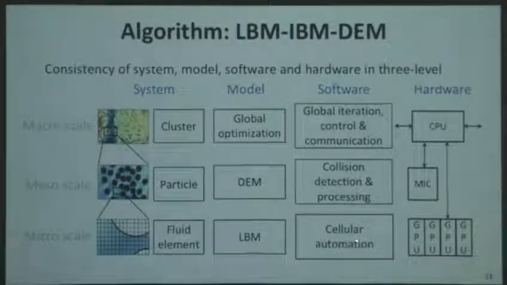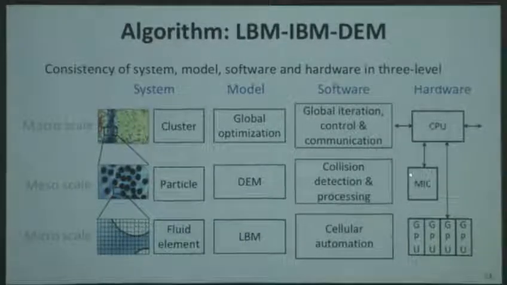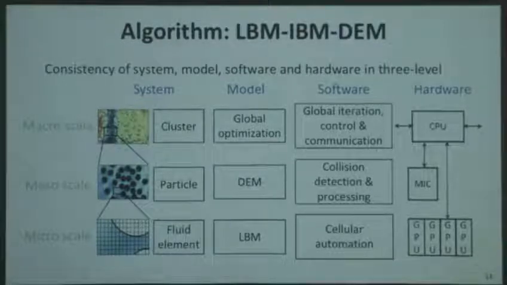So in this case, we try to use different processors for different computations. The CPU is for the overall communication and control, the Intel MIC, the so-called many integrated core, is used for the DEM part, and GPUs are for the LBM part. In this way, we can keep good consistency between the simulated system, the model, the software and the hardware.